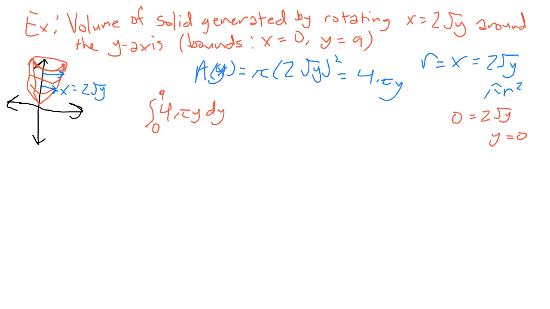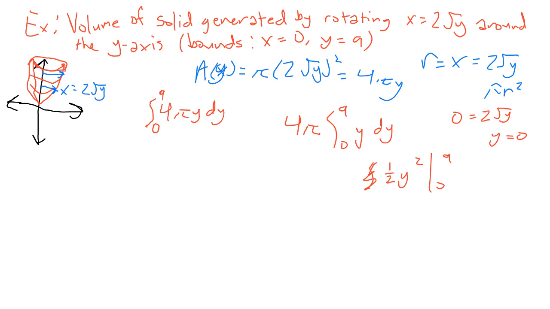So now at this point, it's just a matter of integrating. So we can go ahead and pull out that 4 pi, integrate from 0 to 9 of y dy. That's going to get us 1 half y squared from 0 to 9.